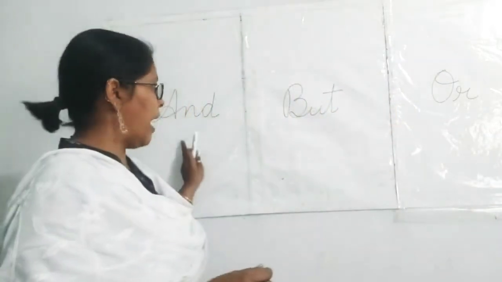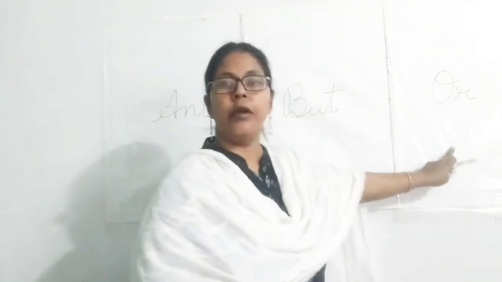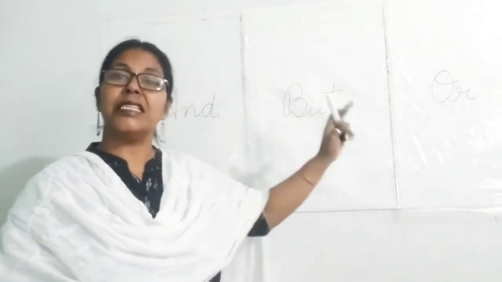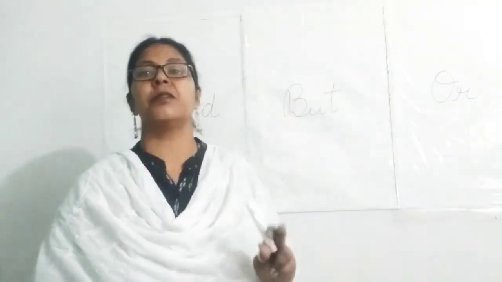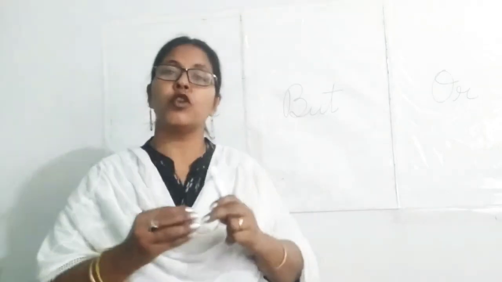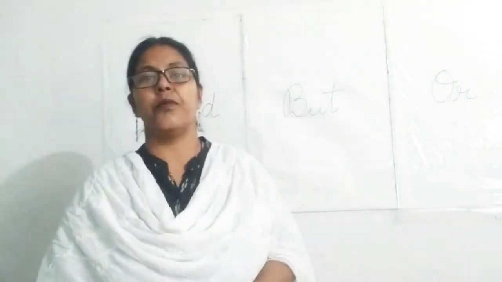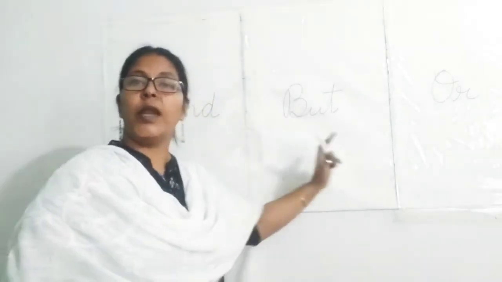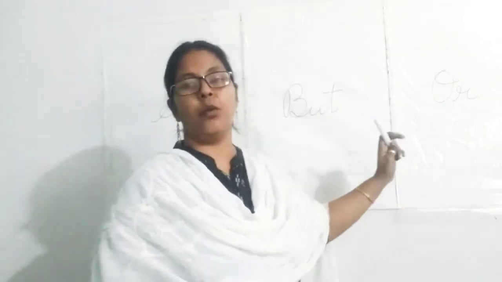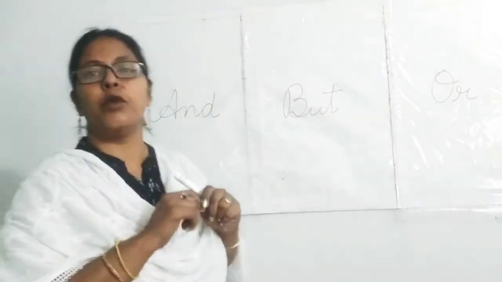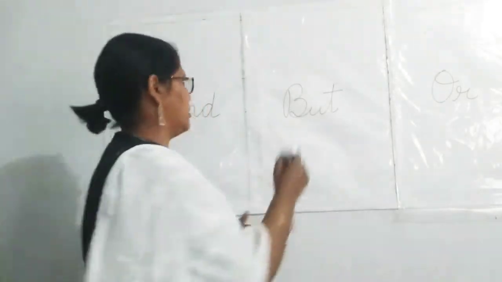Okay. And, but, or. These glue words help us to connect or join sentences. And these are known as conjunctions. So today children, I am going to teach you about conjunctions.